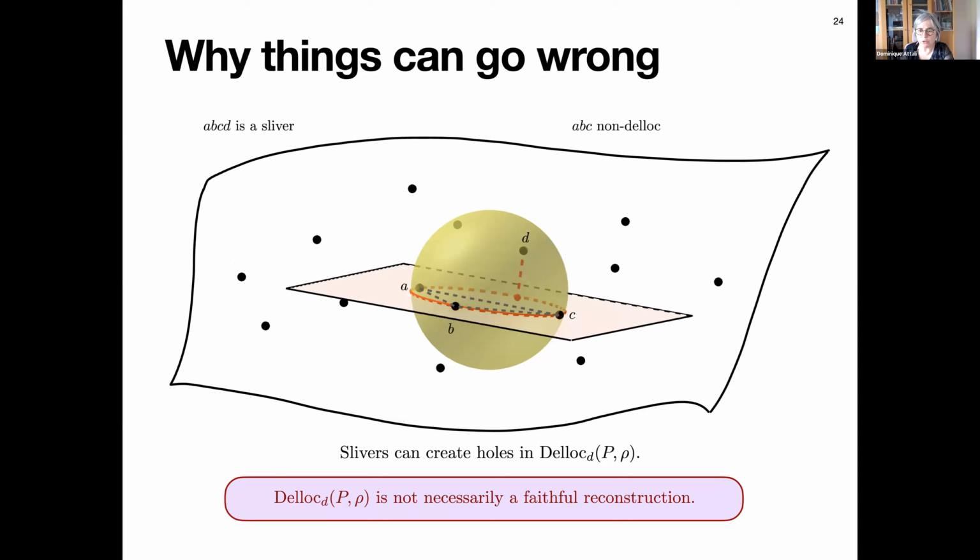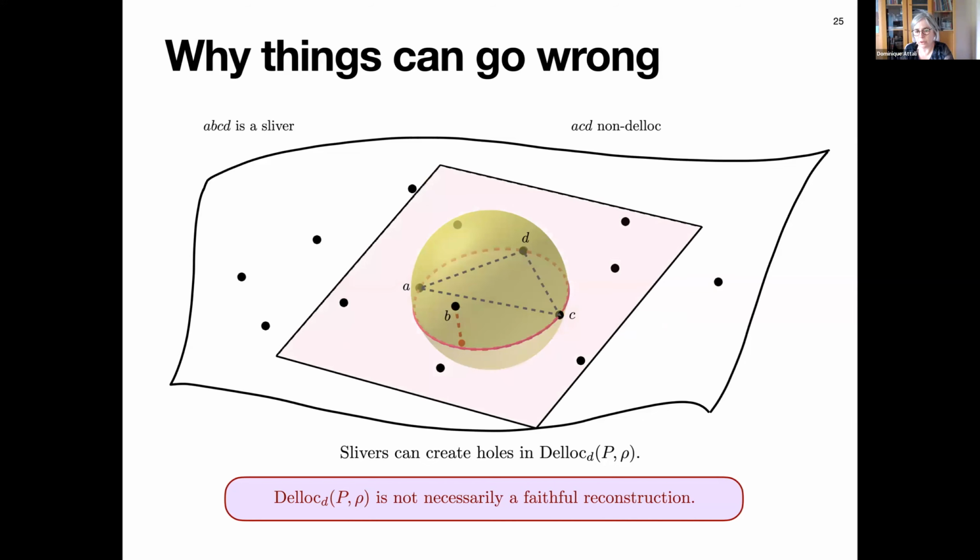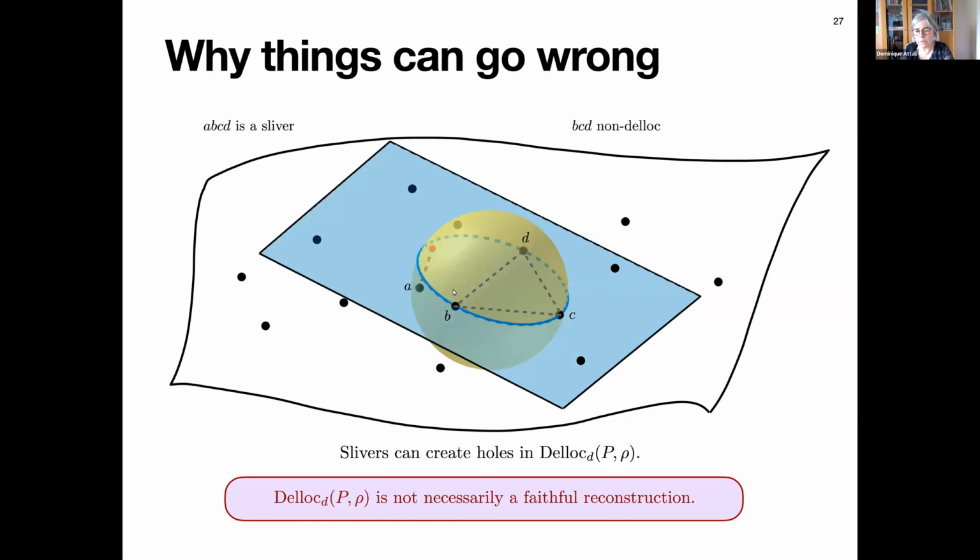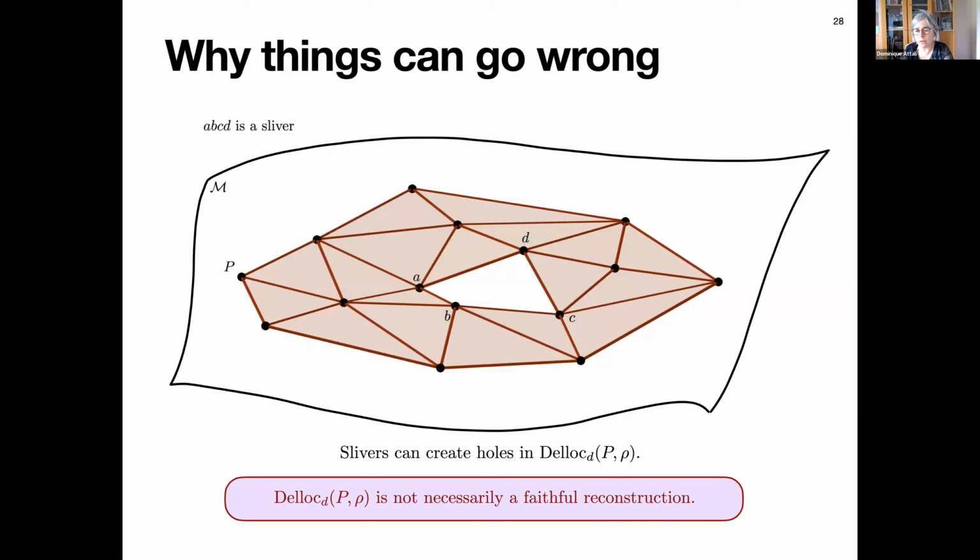And when you project the 4th point, it is going to be enclosed in the circumcircle defined by the 3 others. So it will happen that none of the faces of this sliver is Delloc. So we are going to miss the 3 triangles of this tetrahedron, and this is, in our construction, going to create a hole. And so this is not going to be homeomorphic to the surface.